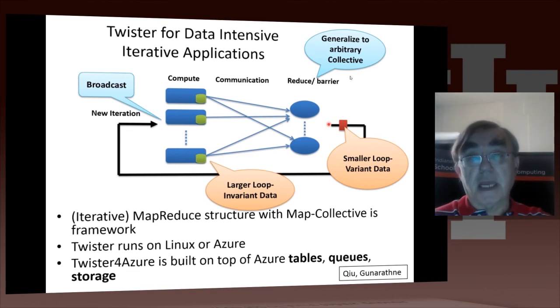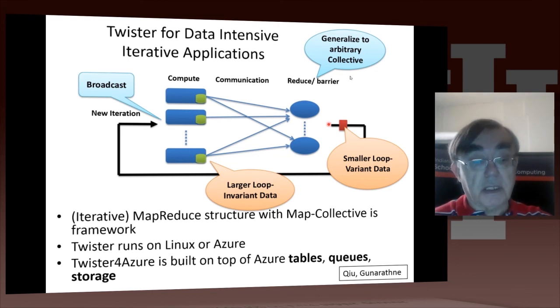For example, in k-means, the points are unchanged from iteration to iteration, so you never need to do any communication with those between iterations. The things that change are a relatively small amount of data, namely the centroids. The only difference between one iteration and the next are the values of the k centroids. And so the only thing that gets transferred, which in the case of k-means is a broadcast, is that you need to broadcast all the centroids to all processes involved in the computation.